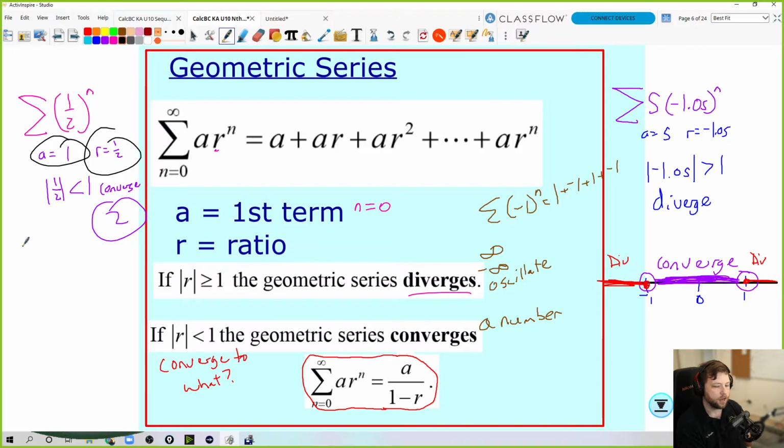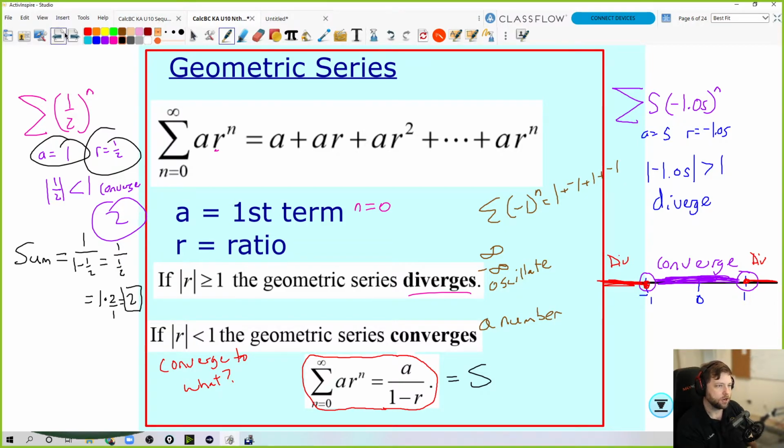So the sum, sometimes we use S for sum, is going to be a, which is 1, over 1 minus 1/2, which is 1 over 1/2, which is the same thing as 1 divided by 1/2. Instead of dividing by a fraction, I multiply by the reciprocal. It's going to be 2, which is what we figured out with the math that we did.